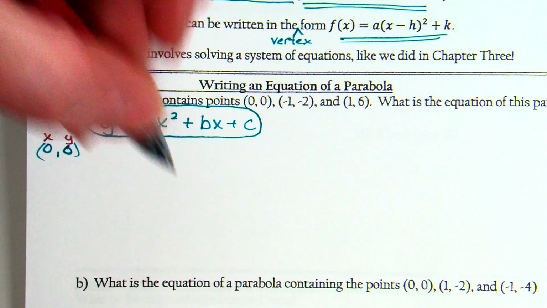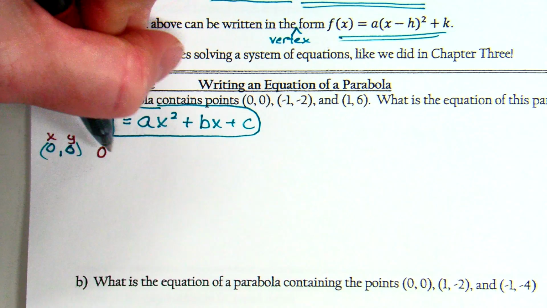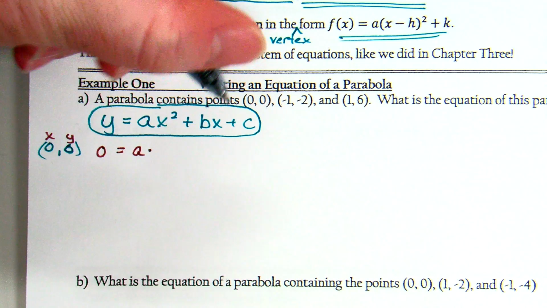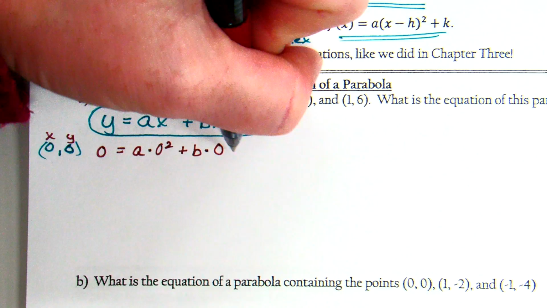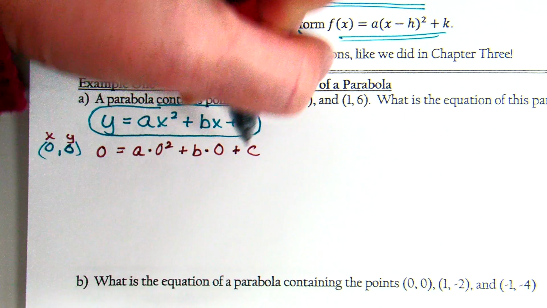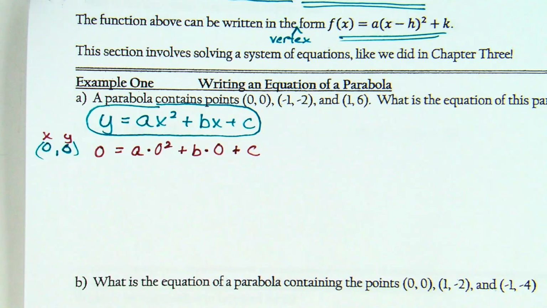So in this case, y is 0 equals a times x squared, which is 0 squared, plus b times x, which is 0, plus c. As I said, I love the point (0, 0) because it makes it nice. What's that clean up to be? A plus B plus C.